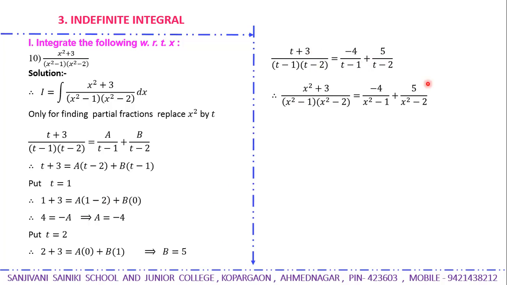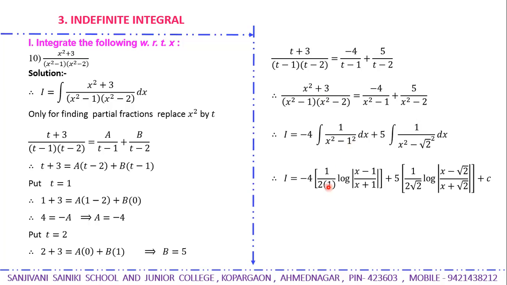Then the partial fractions you get are minus 4 upon x square minus 1 plus 5 upon x square minus 2. Integrate these partial fractions and use the formula: 1 upon x square minus a square is 1 upon 2a log of x minus a upon x plus a. So 5 upon 2 root 2 log of x minus root 2 upon x plus root 2 minus 2 log of x minus 1 upon x plus 1 plus c.